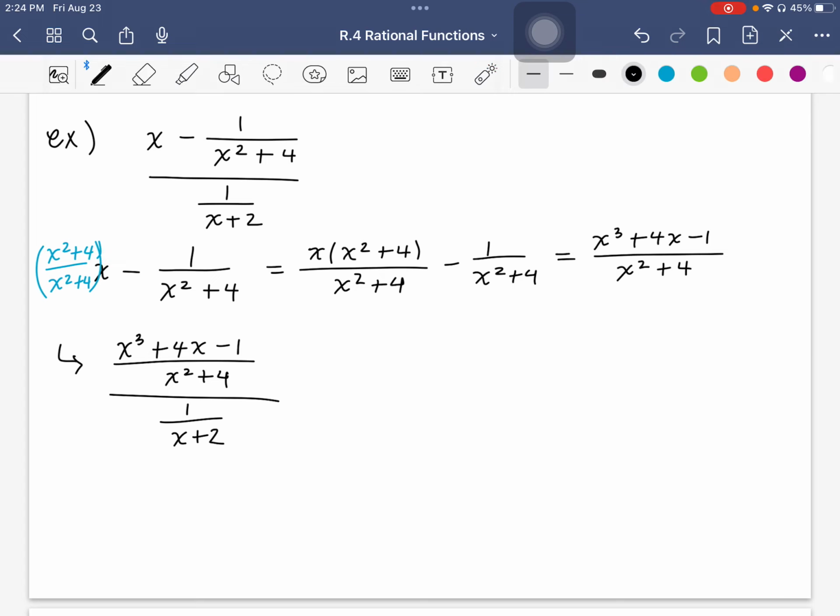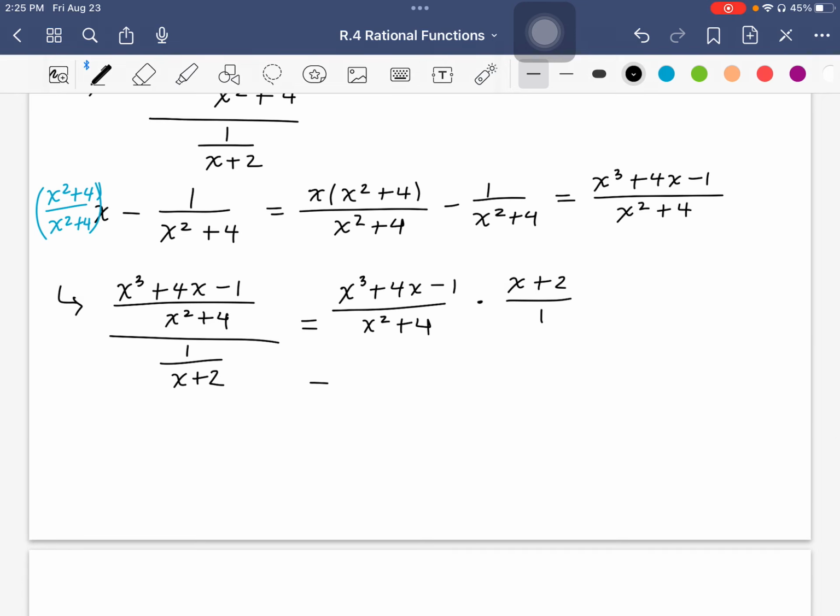So now we're dividing these two rational expressions. And remember, that's the same as multiplying by the reciprocal, right? So we take our original rational expression here, or the one on the top, and instead of dividing by this guy, we're going to multiply by its reciprocal. So if we had 1 over x plus 2, then the reciprocal is flipping that, so we get x plus 2 over 1.